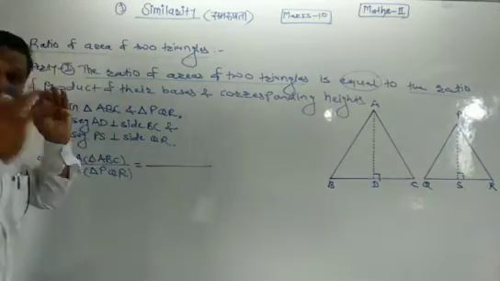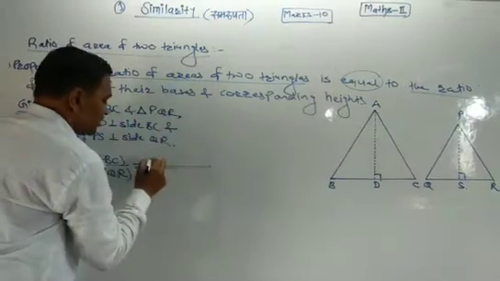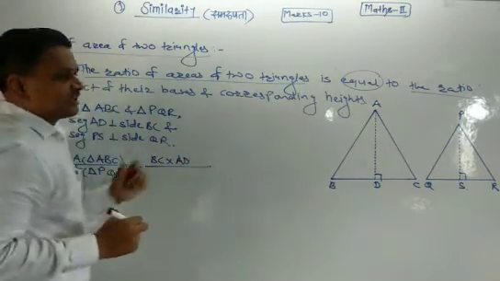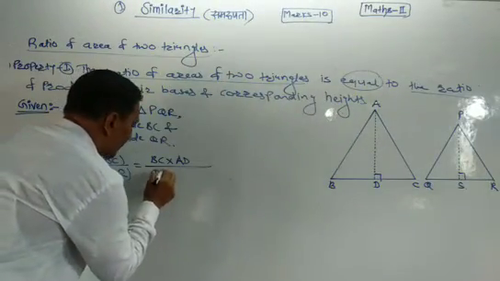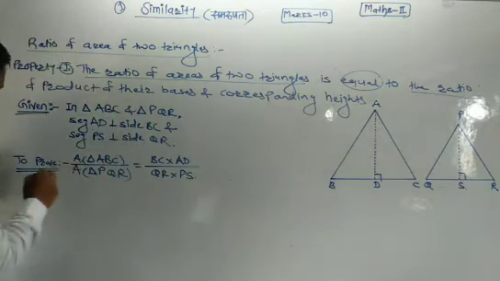That means BC is the base of the first triangle and AD is its height; QR is the base of the second triangle and PS is its height. Understand?